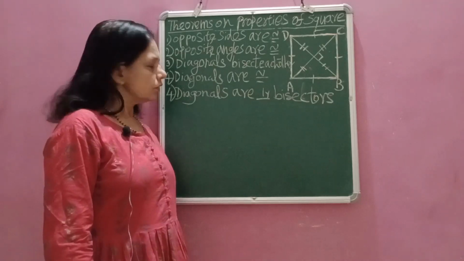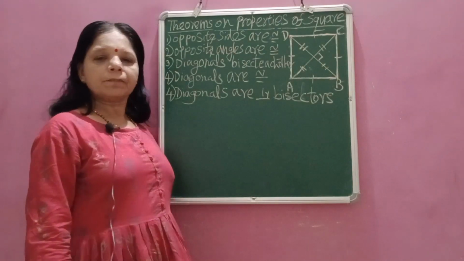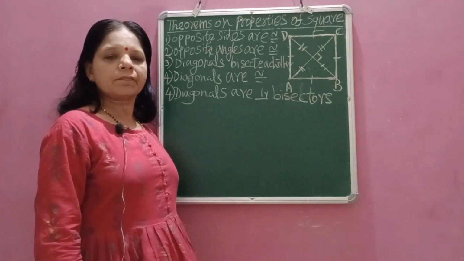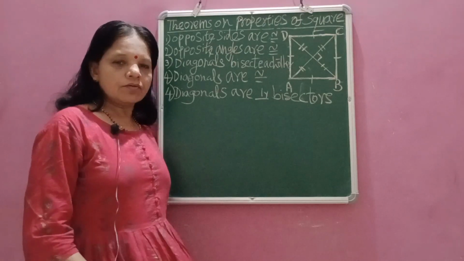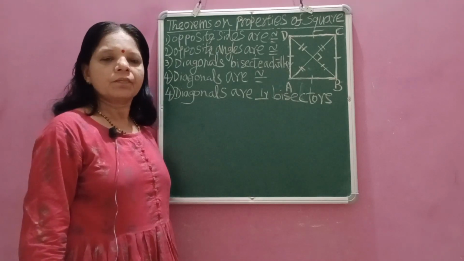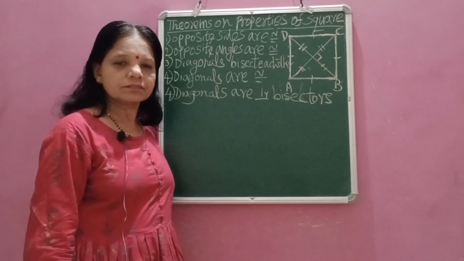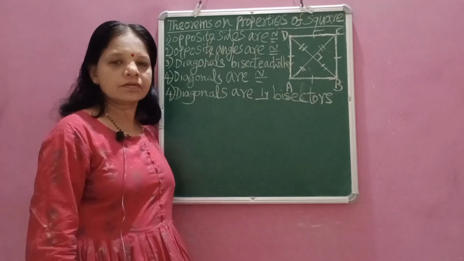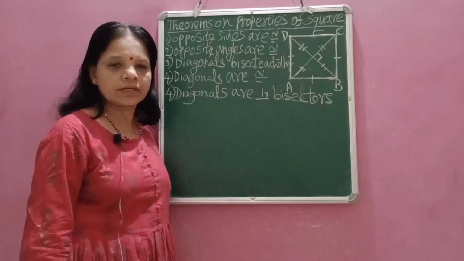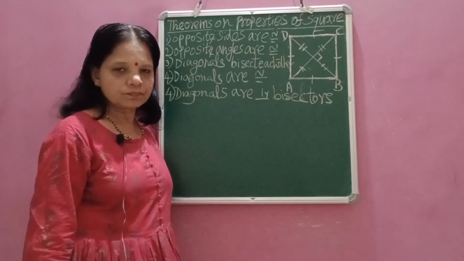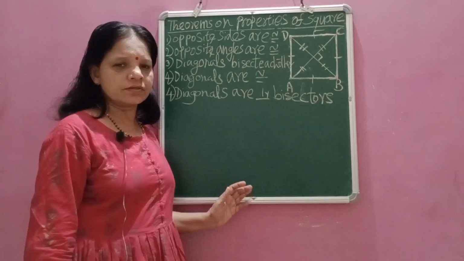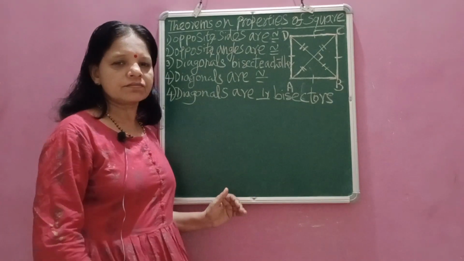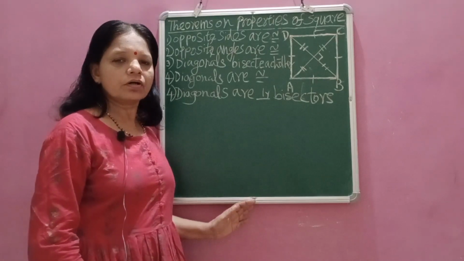Clear? Similarly, diagonals are perpendicular bisectors for a square. True. But if diagonals are perpendicular bisectors, then it is a square. It is not necessary that it is a square. Can be a rhombus also. So, the converses of these properties are not true for square.